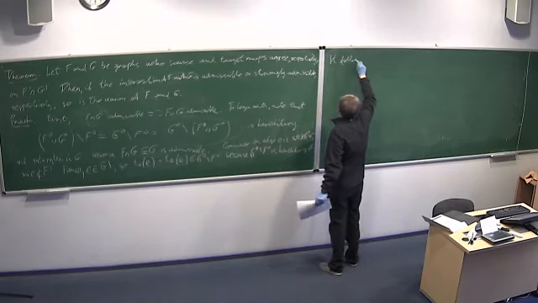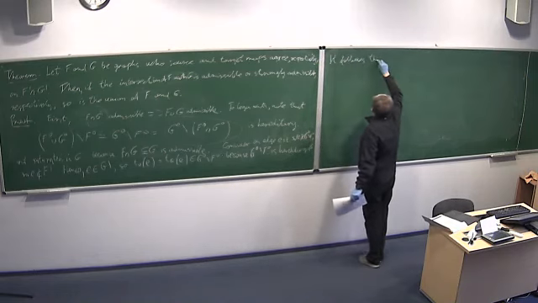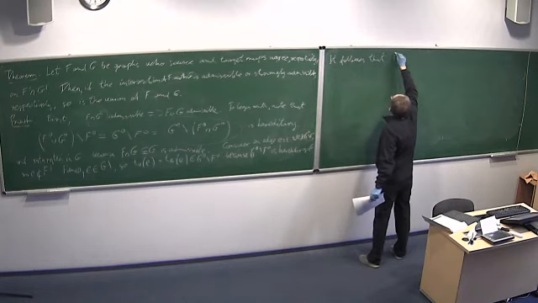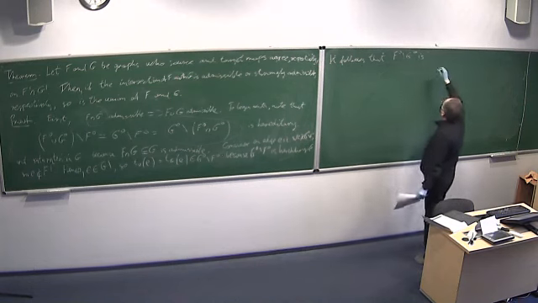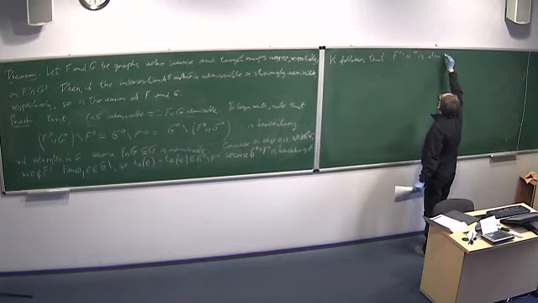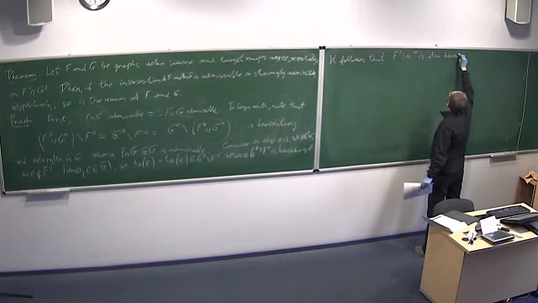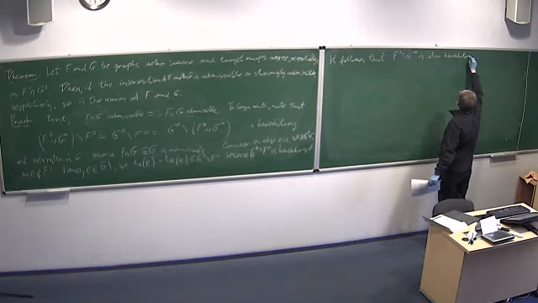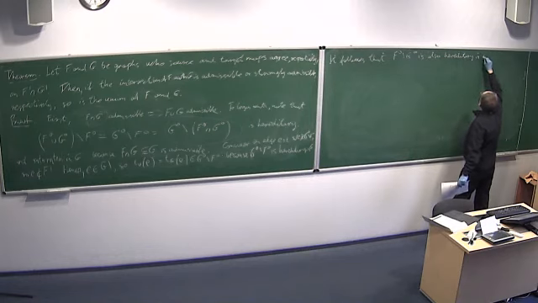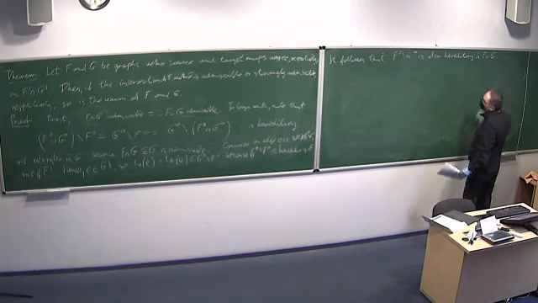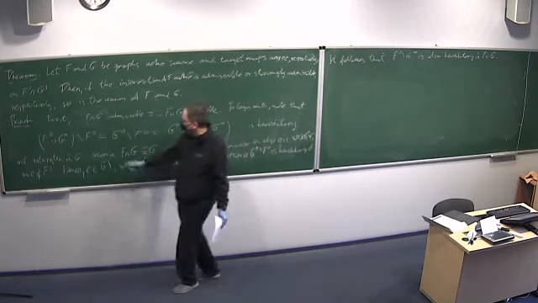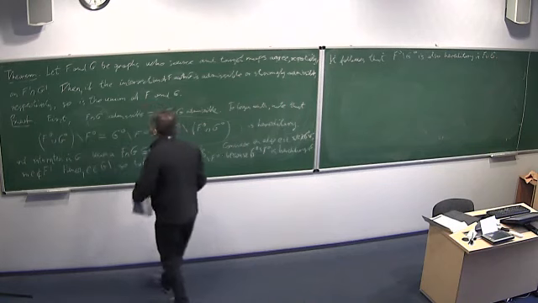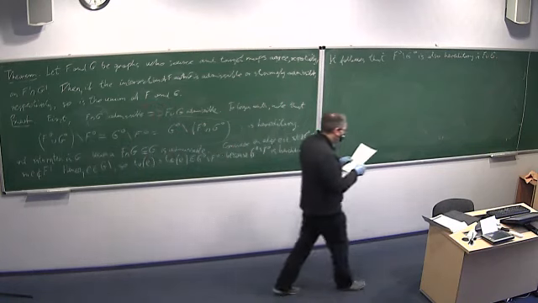It follows that F naught less G naught is also hereditary in F union G. And of course, the symmetric argument will allow us to handle the situation when instead of F naught, we take G naught, okay?